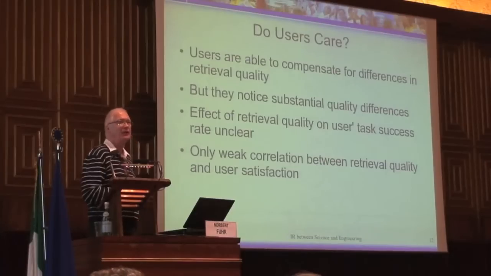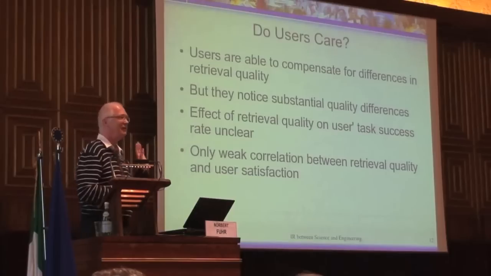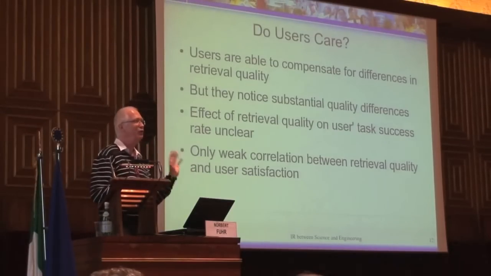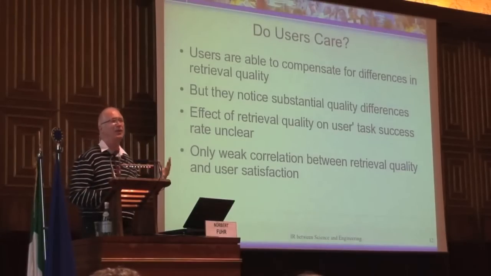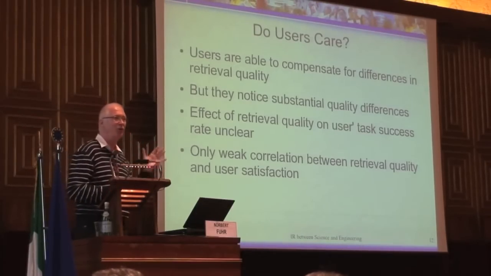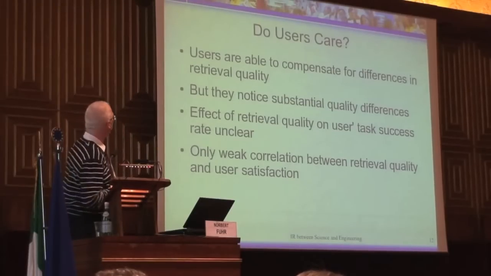So differences in retrieval quality, at least to a limited amount, are not such a big issue, because users are able to quickly identify the relevant documents as long as there are some in the result. So the quality difference is not that important for the end user.